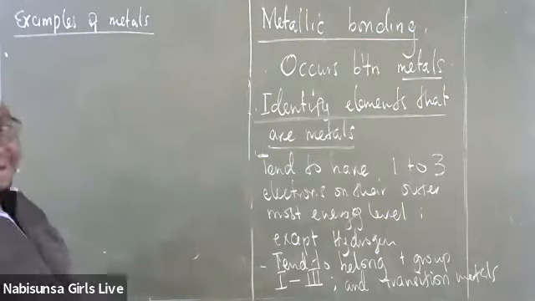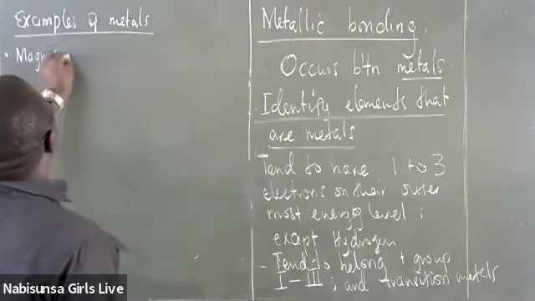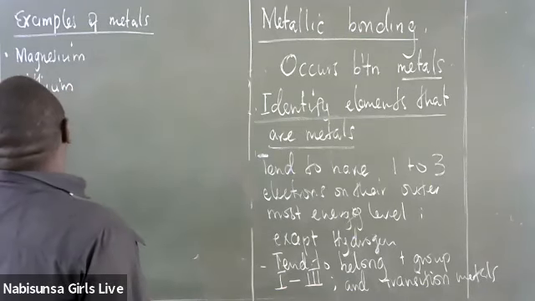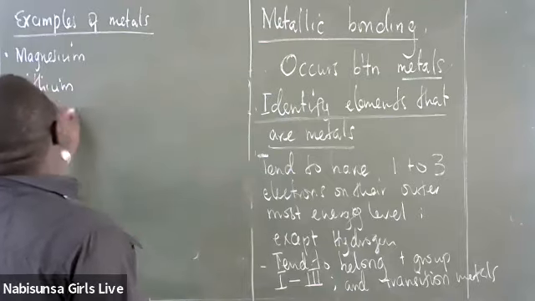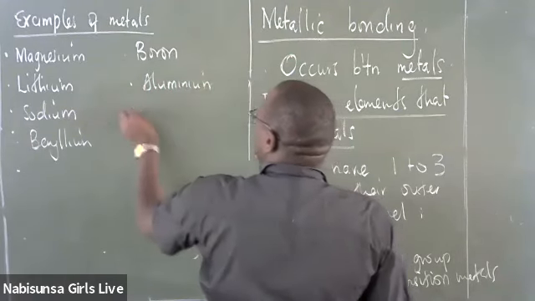The first ones, before I go to magnesium: we have magnesium, sodium, lithium, barium, potassium, boron, aluminium.